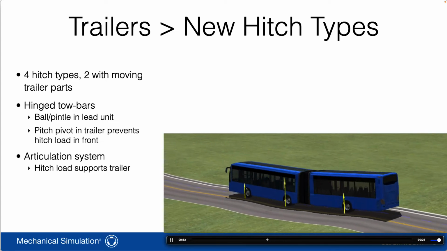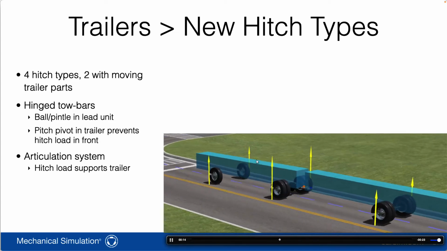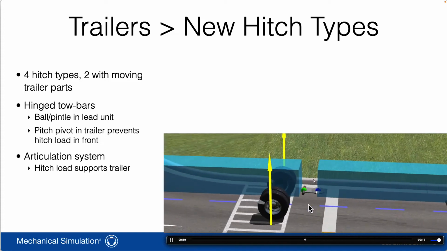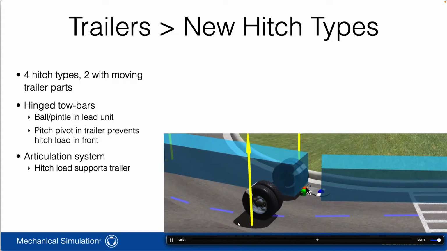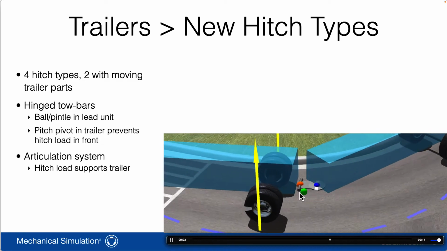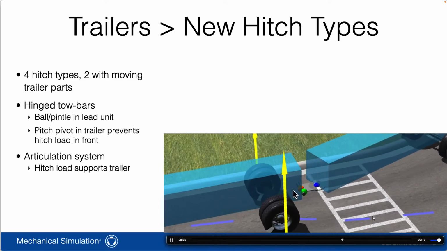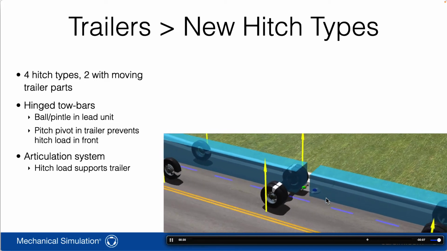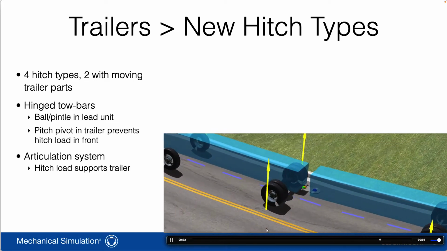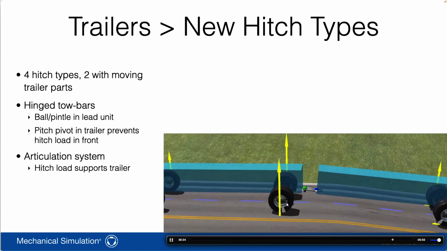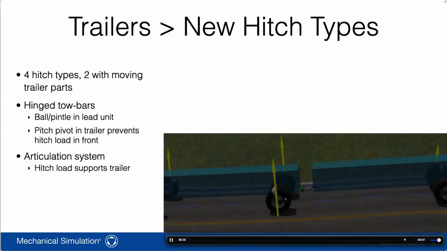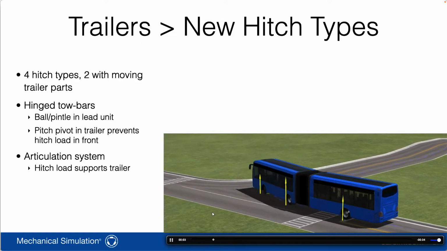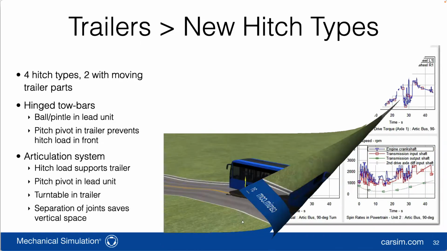It has to provide pitch and articulation motions, but in the bus configuration they're typically done with this novel design where the pitch axis is hooked to the lead unit and the articulation is hooked to the trailer, and there's like half a meter or a meter between them. One of the advantages of doing that is it doesn't take any vertical space, so in public transportation you can still put baggage over it, or people can walk over it.